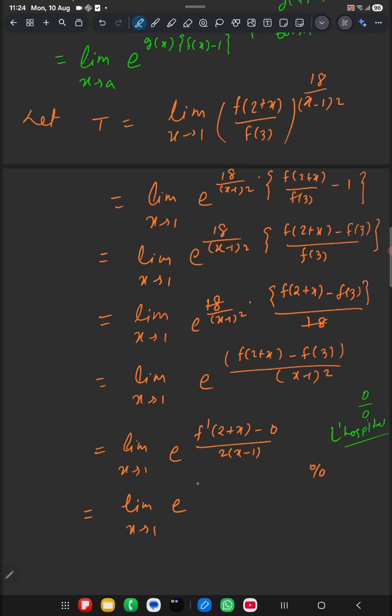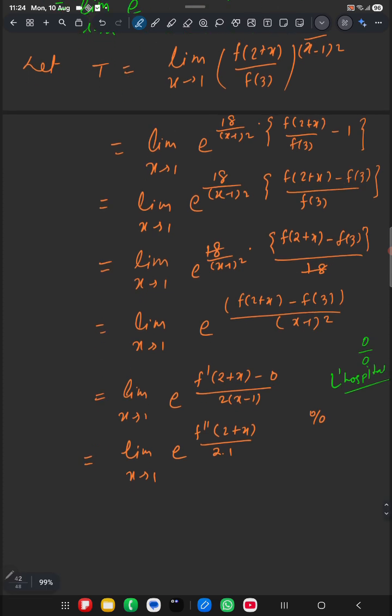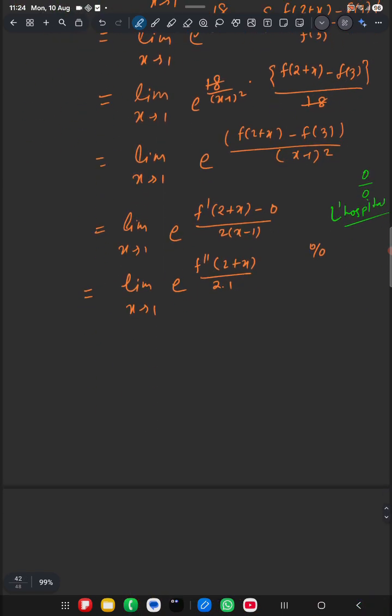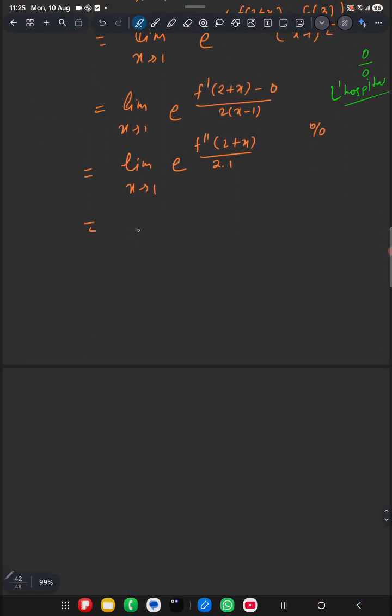So e, now I will do double differentiation: f double dash of 2 plus x upon 2 into 1, because the differentiation of x minus 1 is 1. Now f double dash 3 is 4. So limit x tends to 1 means e raised to f double dash of 2 plus 1 upon 2. So f double dash is 4 by 2. So you are getting e power 2.